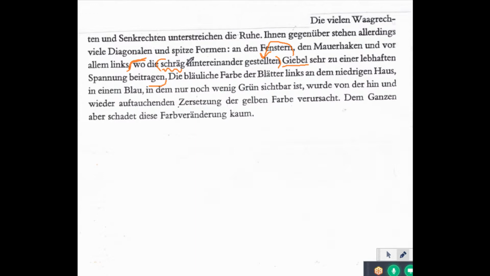Yeah, good. And these gables, described as such, contribute, and then go on, sehr zu einer lebhaften Spannung.